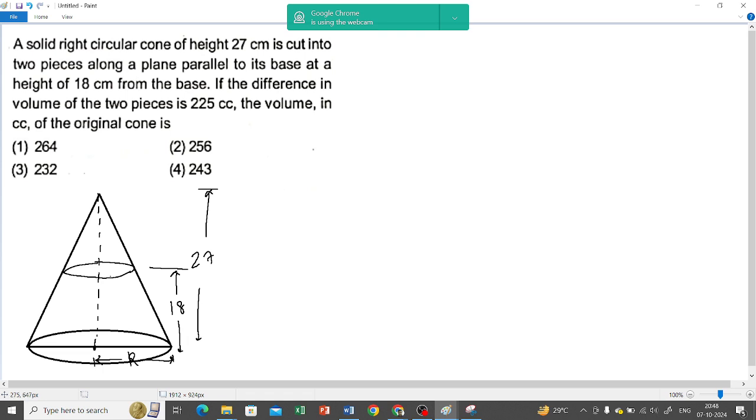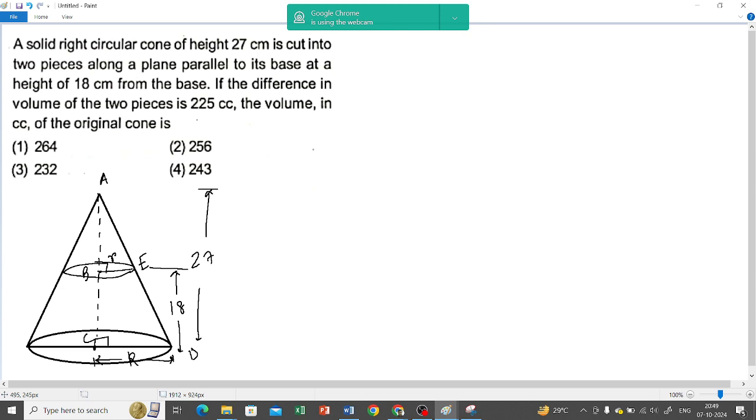Okay. What is the radius of this smaller one, right? This is perpendicular. I need to calculate, find the difference.